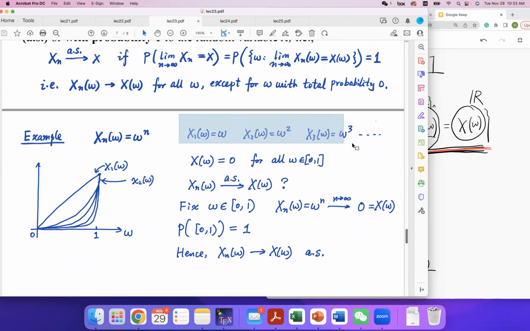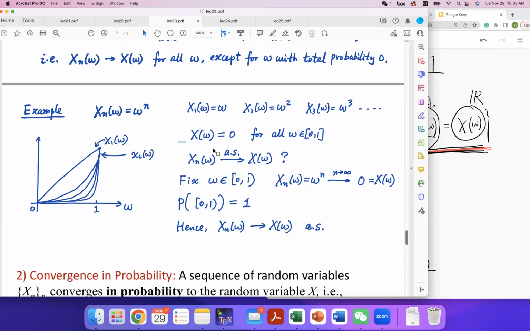We want to show that this sequence of random variables converges almost surely to 0. The target random variable X is defined as X(omega) equals 0 for all the omegas between 0 and 1. We want to show that Xn converges to X almost surely.